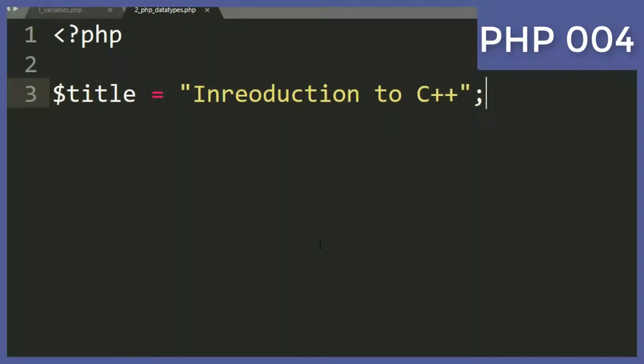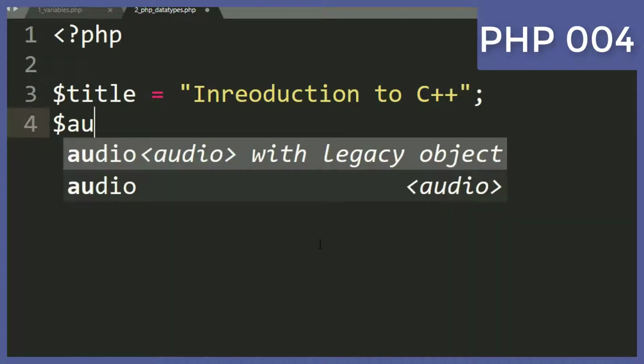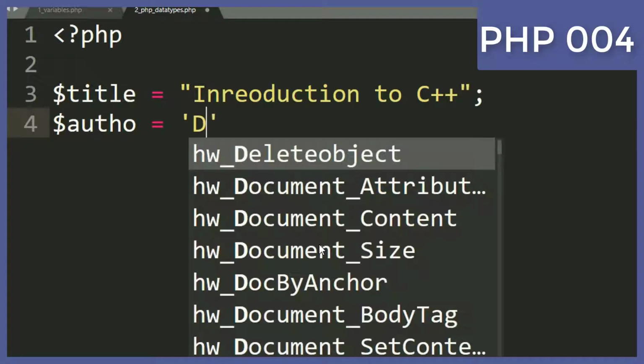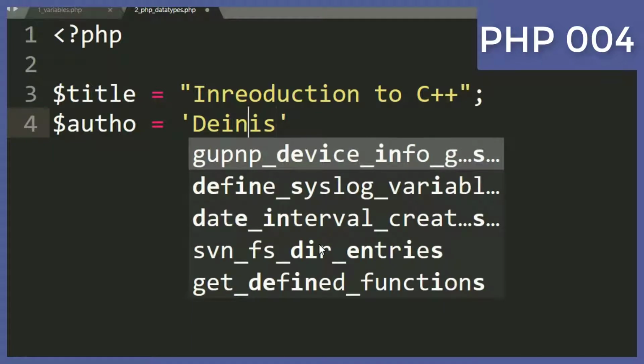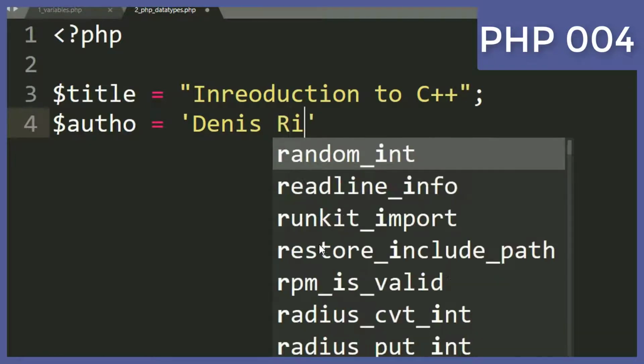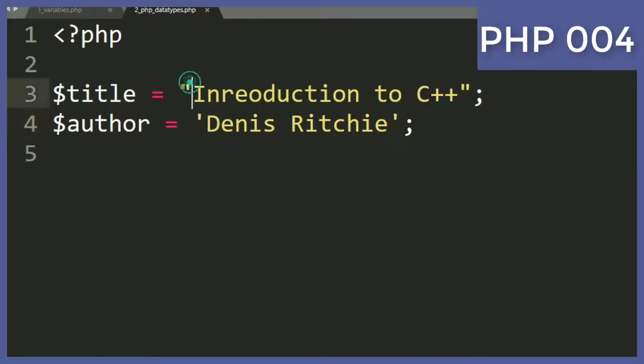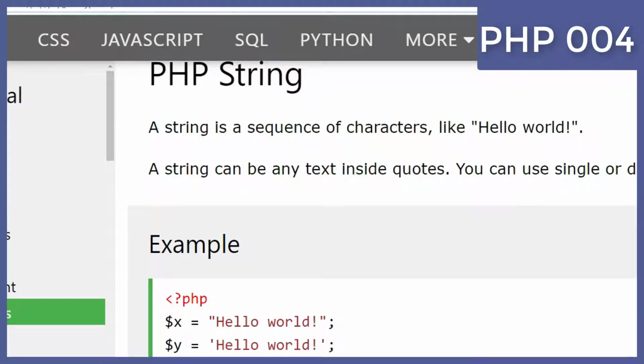So I can use single quote and say author is equal to single quote, maybe Dennis Ritchie. So that's the author. Both of these are allowed, but as we proceed we shall see the exact difference between single quote and double quote, but as of now both of them are allowed.